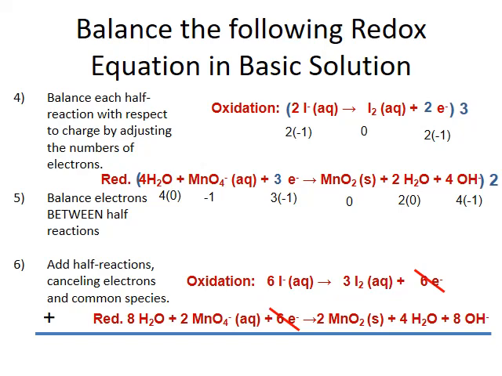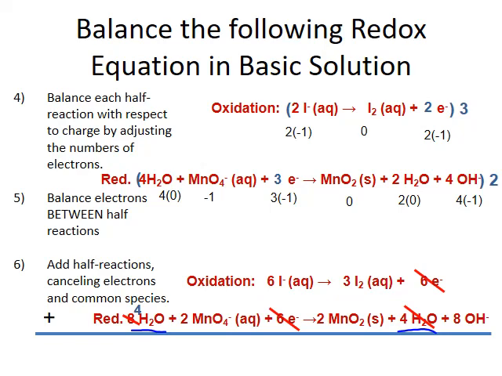It doesn't completely cancel itself out because we have 8 on the reactant side for the reduction half reaction and 4 on the product side. However, the 4 water molecules on the product side will cancel out with 4 of the 8 on the reactant side. And so that will leave us with a net of 4 water molecules left on the reactant side.